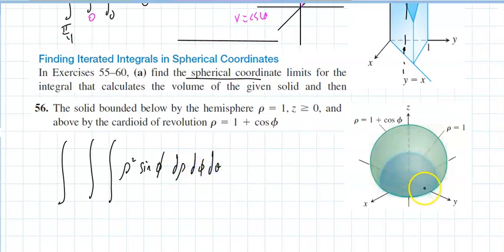Well, obviously we circle all around. I run from the z-axis and I terminate on the xy plane, and it seems all over this region I'm running from rho equal 1 to rho equal 1 plus cosine of phi.